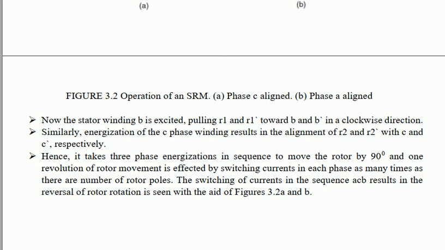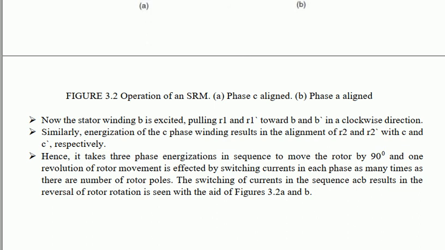Similarly, energization of the C phase winding results in the alignment of R2 and R2 dash with C and C dash respectively. Hence, it takes three-phase energization in sequence to move the rotor by 90 degrees, and one rotation of the rotor is effected by switching current in each phase as many times as there are rotor poles.